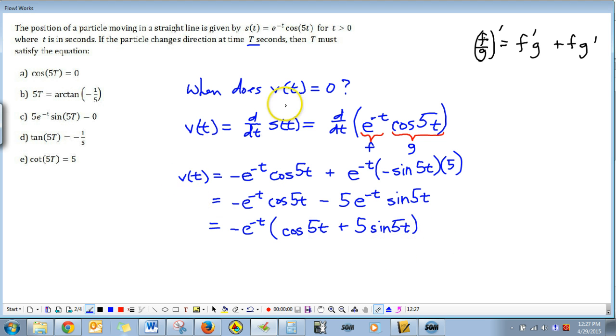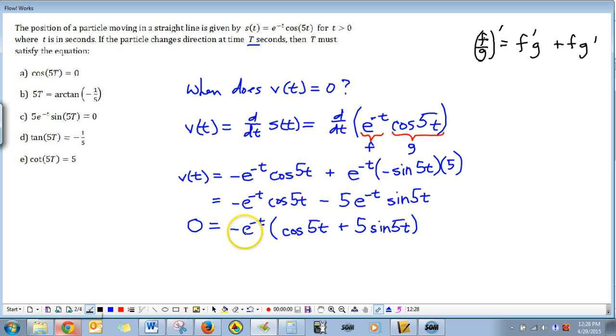And we want to know when does v of t equal 0. So we just need to set this equal to 0 and solve for t, or actually get it to look like one of these equations over here. And this is supposed to be an equal sign. Here, let me fix these real quick.